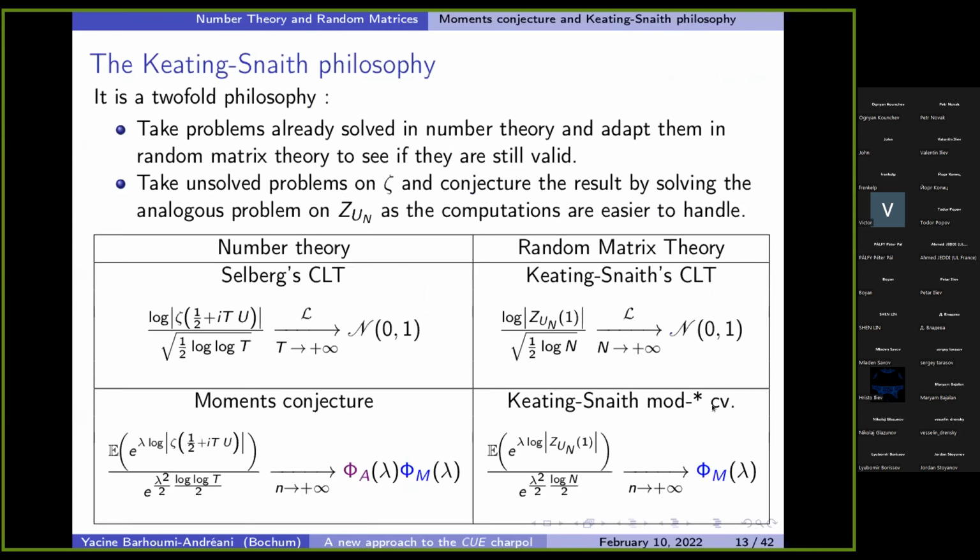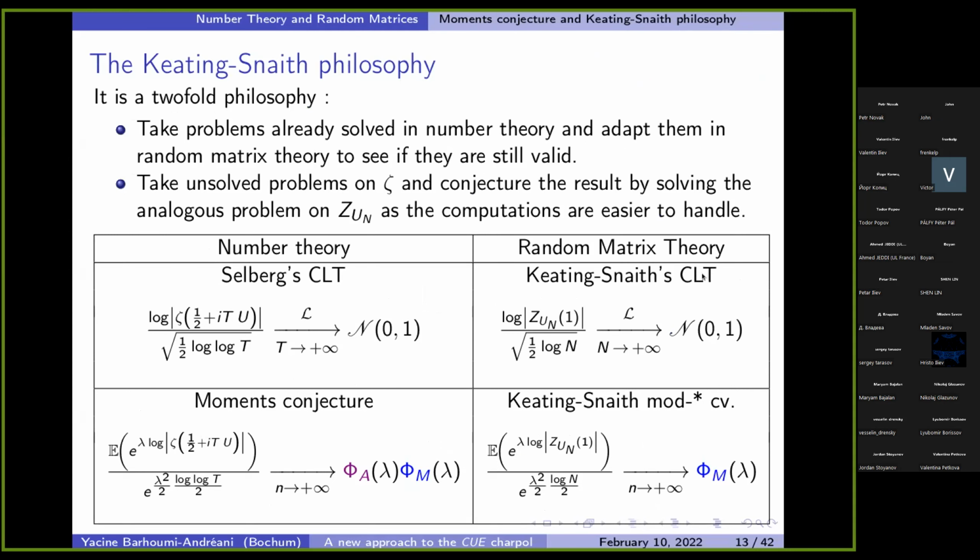So you see, this is a general philosophy. Either you can take a problem which is already solved in number theory, and adapt it in random matrix theory. For instance, the Selberg CLT was proven, so you can go to random matrix theory to see if you have the analog on the characteristic polynomial.